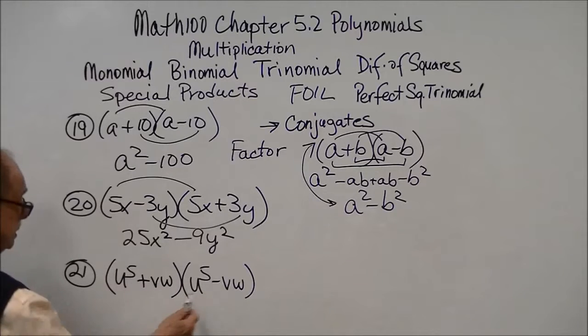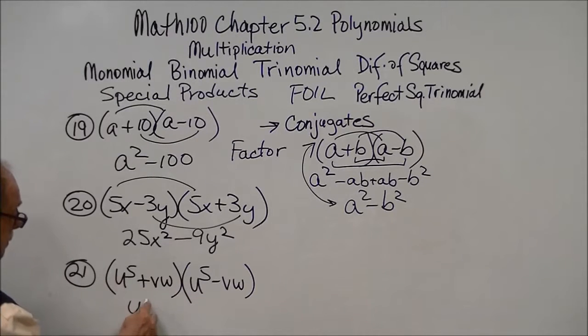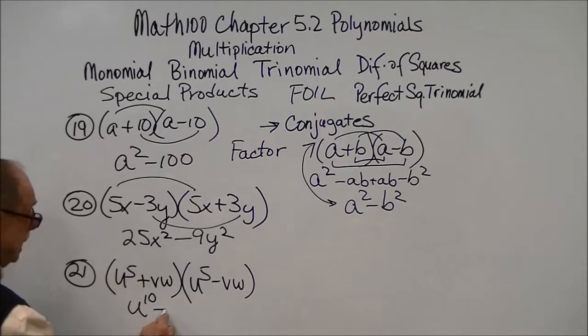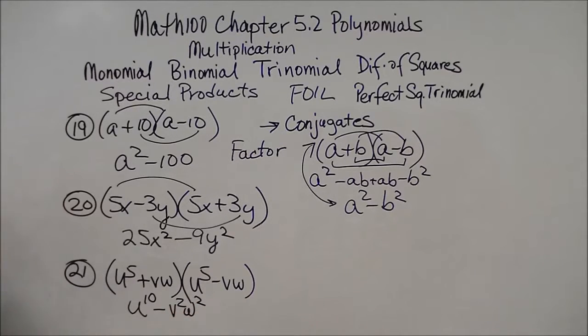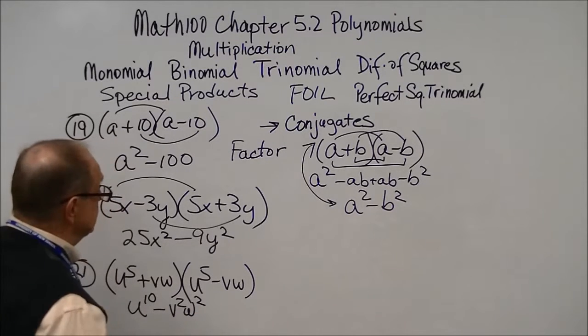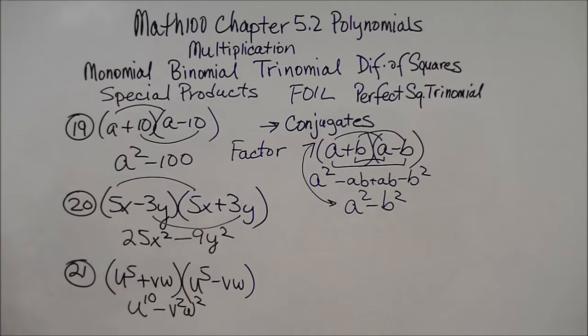And this bottom one, same thing. u to the 10th minus v squared w squared. No middle terms.